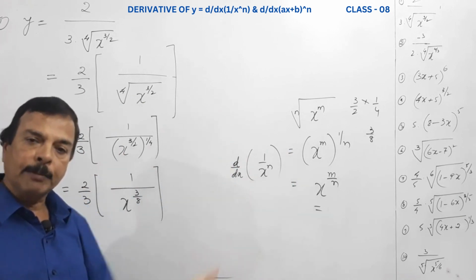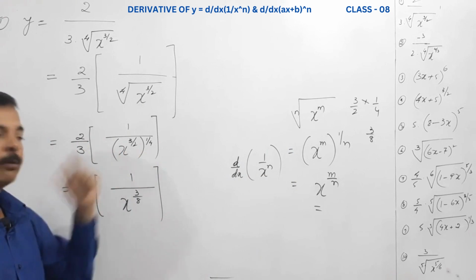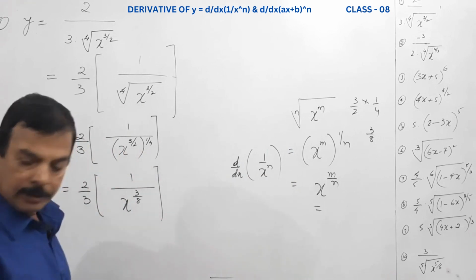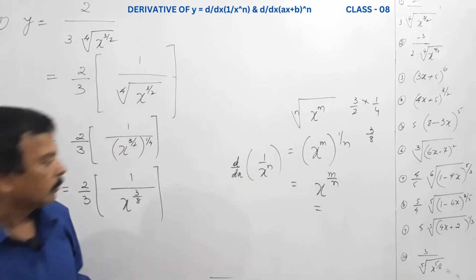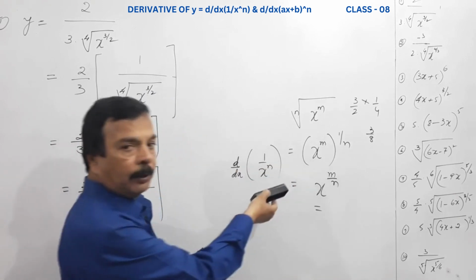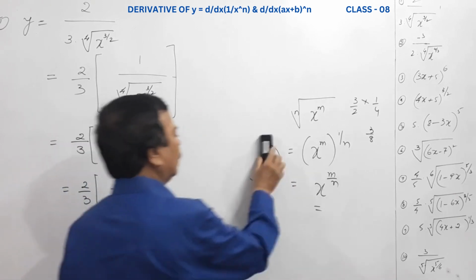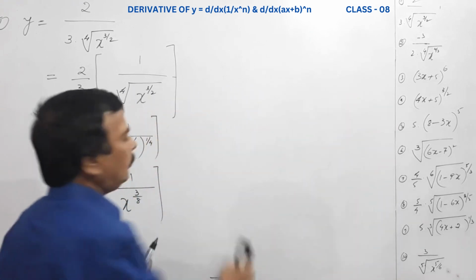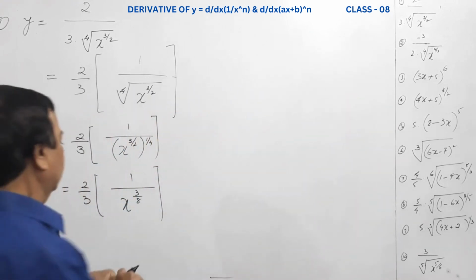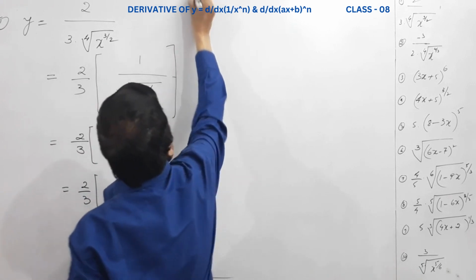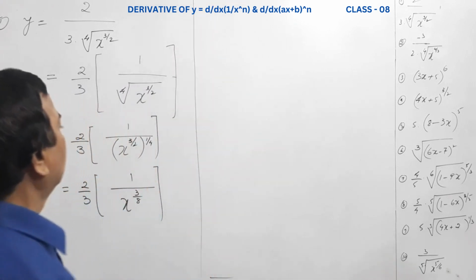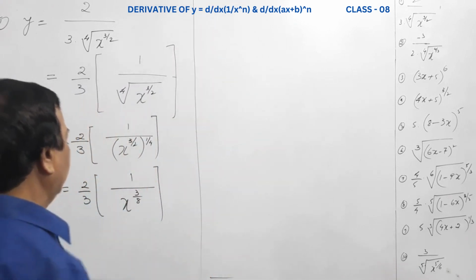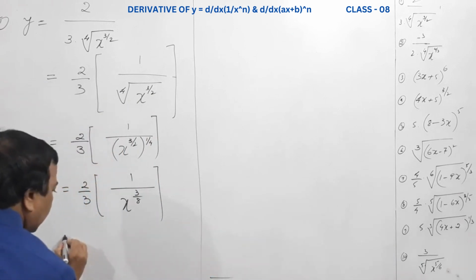So we will go one step ahead of this and push this to the numerator. So what I do is, I have this. You have copied down? Yes. I take this problem and simplify this.